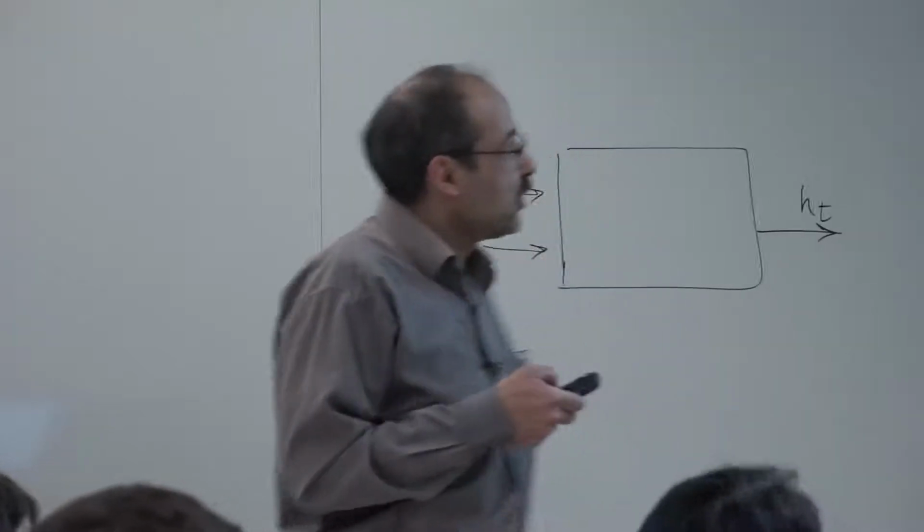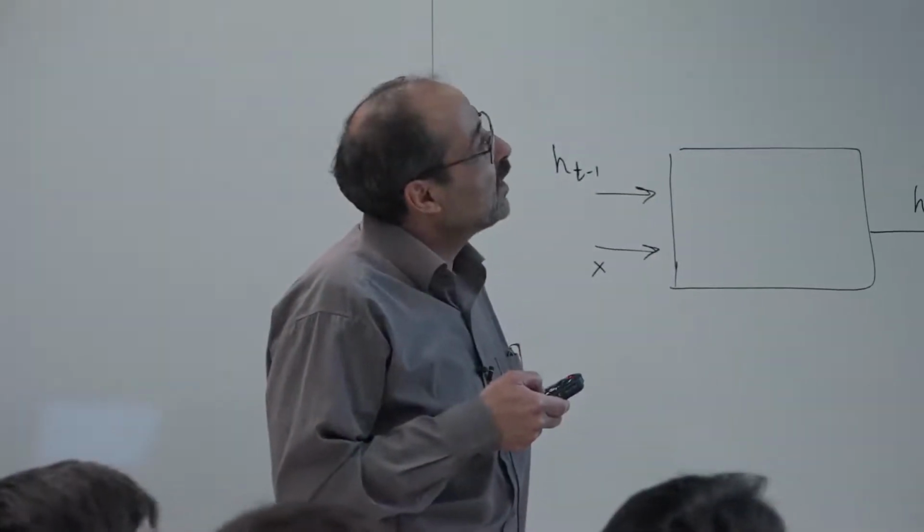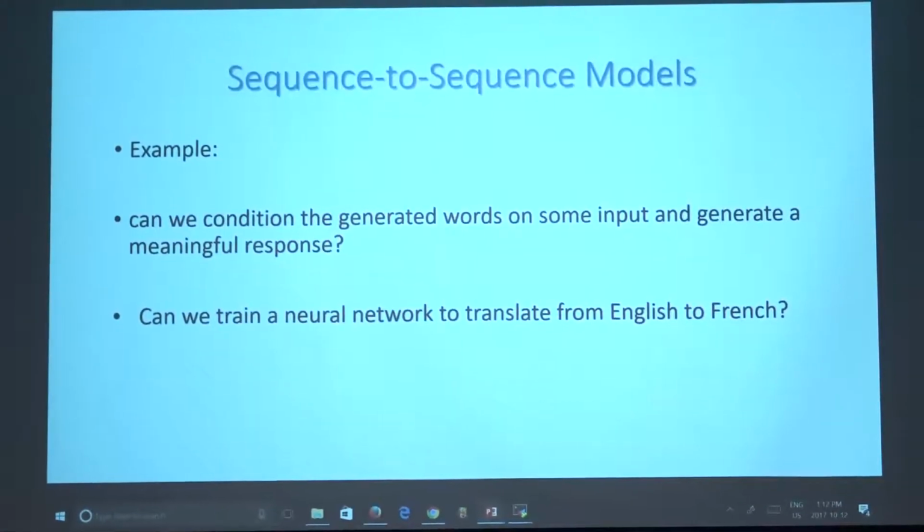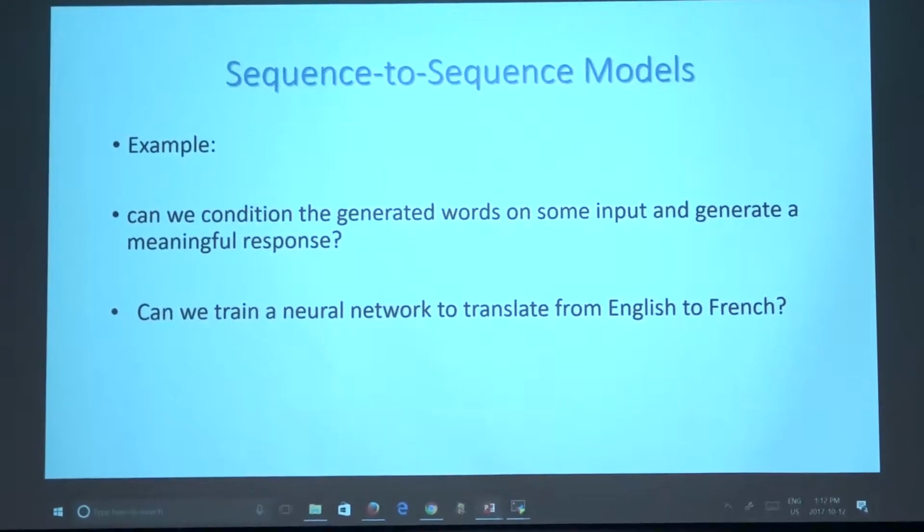In the most basic form, a sequence-to-sequence model is two LSTMs. One LSTM is your encoder, and the other one is your decoder.